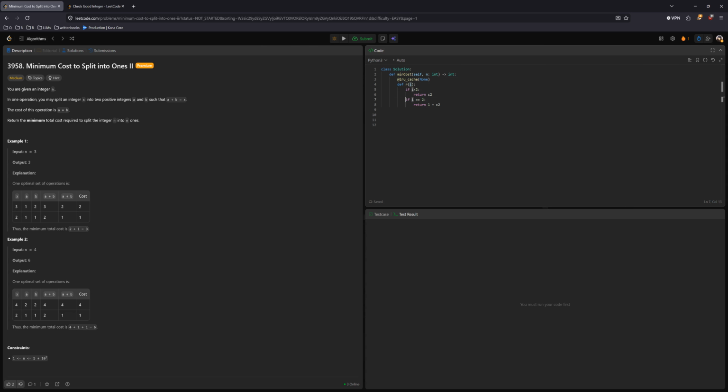I don't know what the hell I was doing for a second there. Okay, so if it's lesser than 2, return 0. If i equals 2, then return 1, right? What was I doing? I have no idea. I got confused or something.